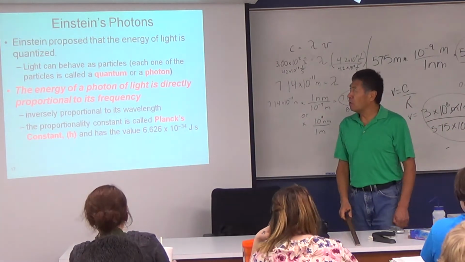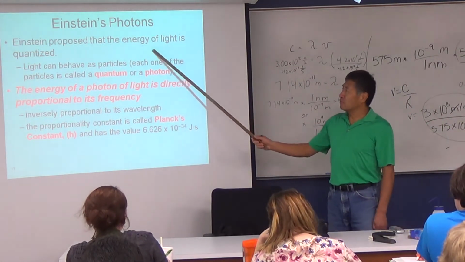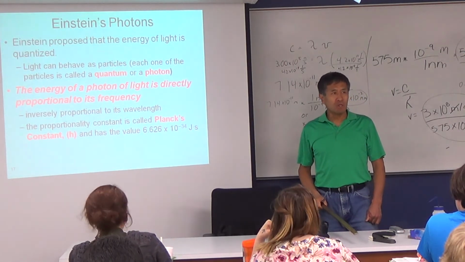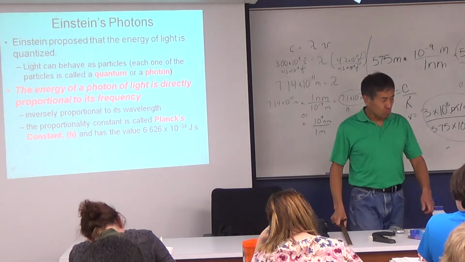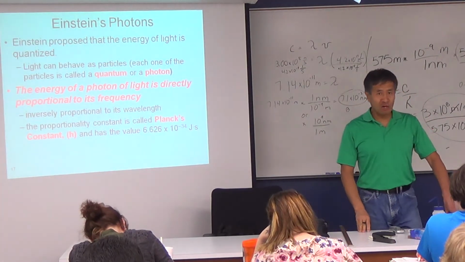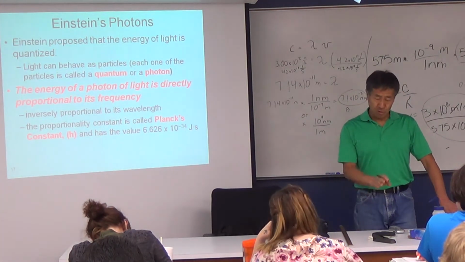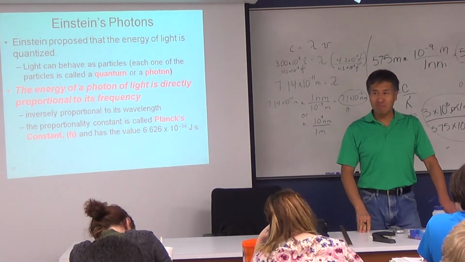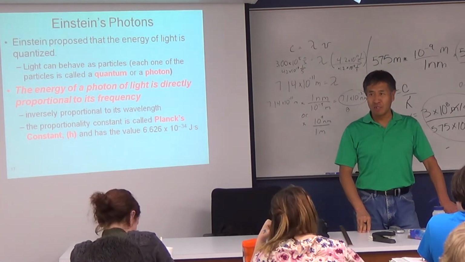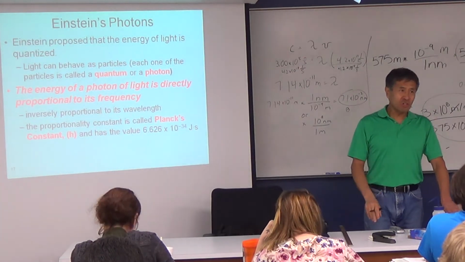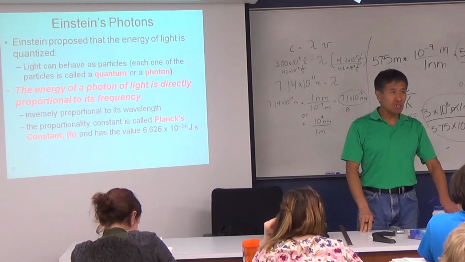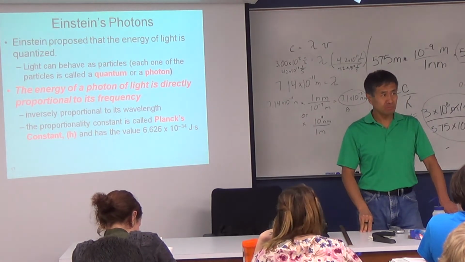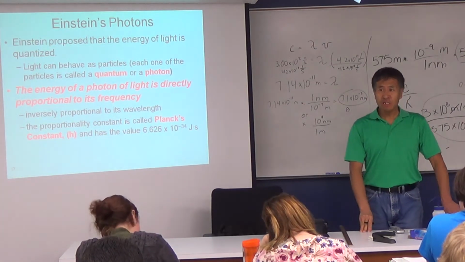So Einstein proposed that the energy of light is quantized. What that means is if you have a light, you cannot have any possible number for the energy. The smallest package for the energy depends on the frequency or the wavelength.